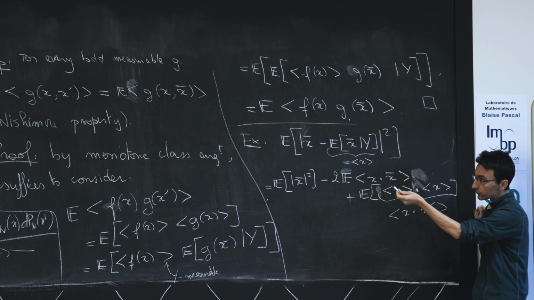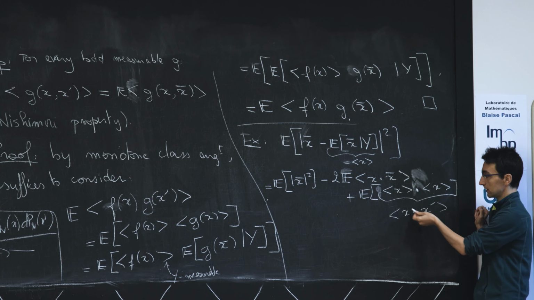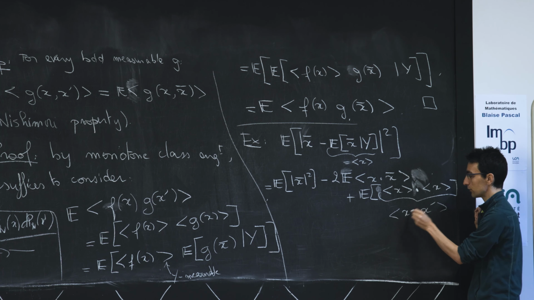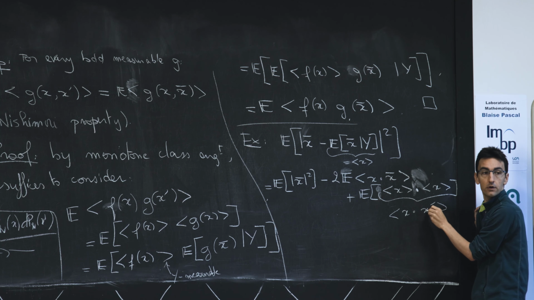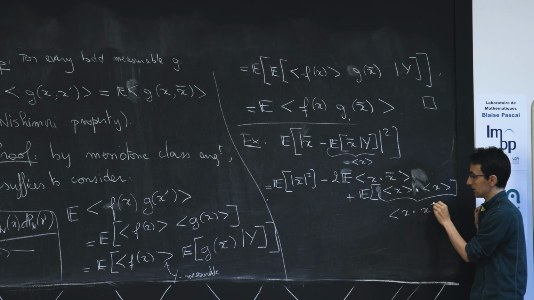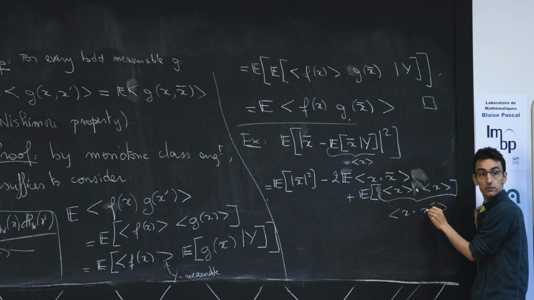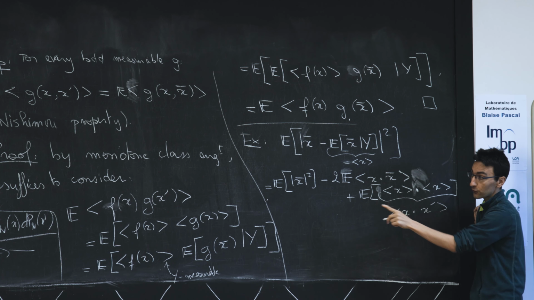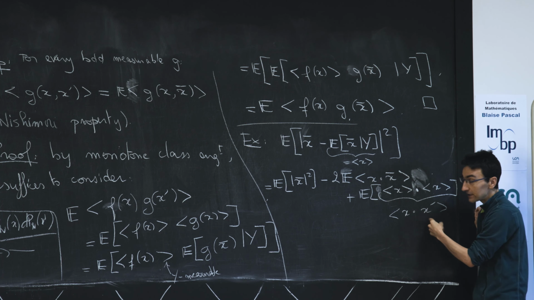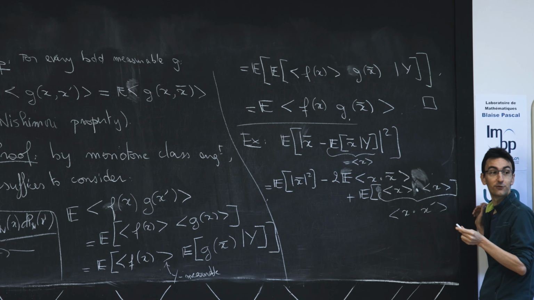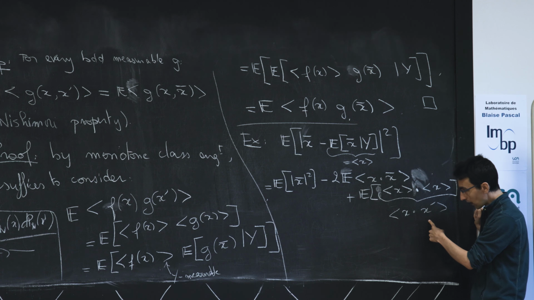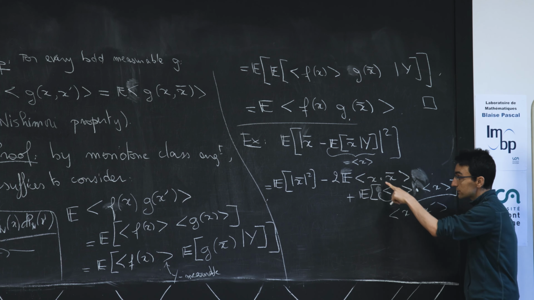And now I can appeal to this Nishimori property, the fact that when I have this double expectation of some function of x and x prime, if I wish, I can replace one x prime by x bar. By the way, in the proof, I assumed the function is of product form. Actually, here the function is of product form. So if you don't like a monotone class argument, you just ignore it. It's okay. And so this term, in fact, is the same as this one.